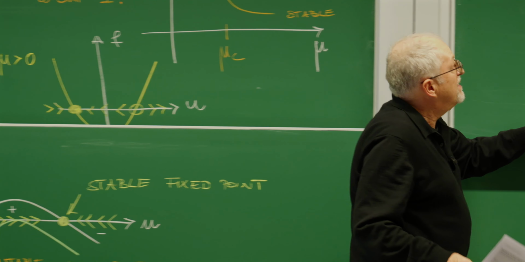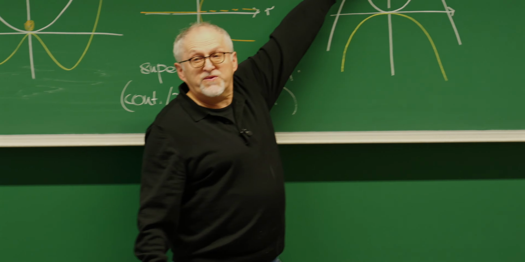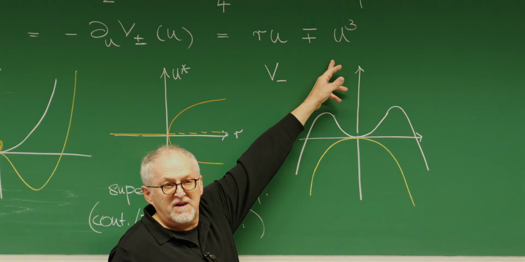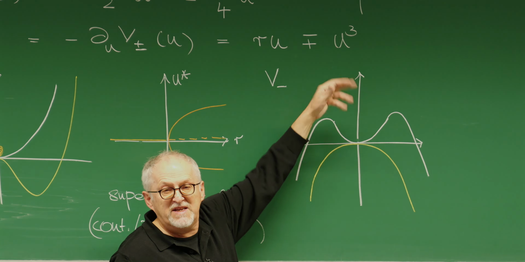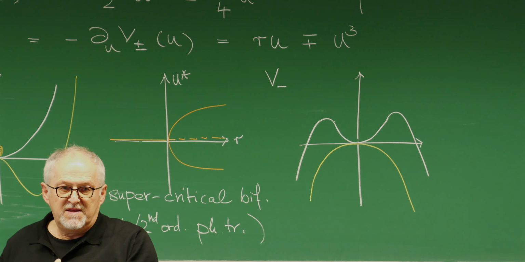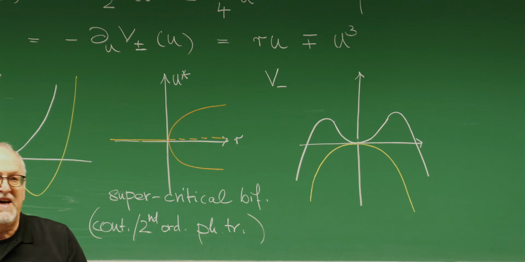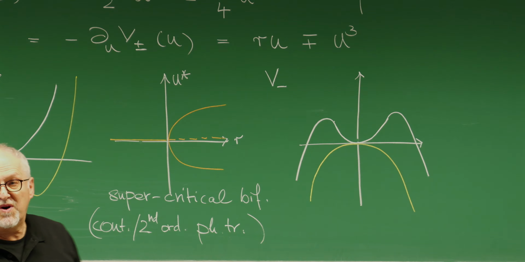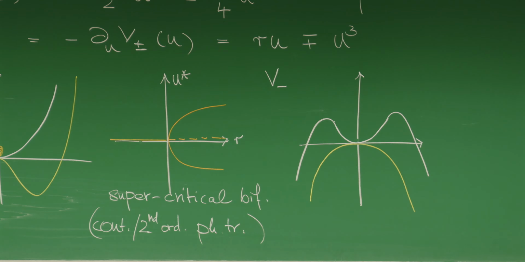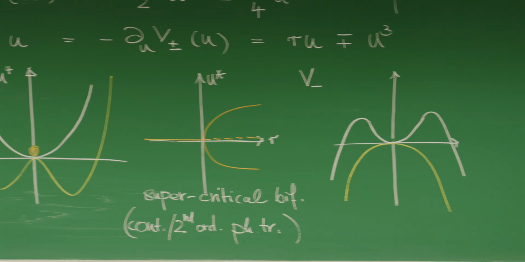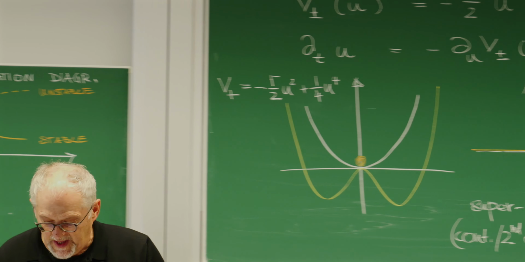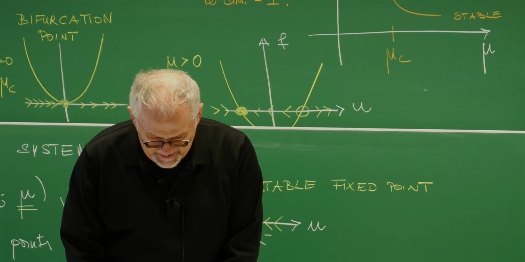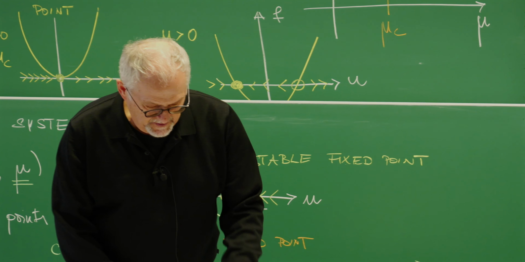If you have the phi to the 4th term being negative, I cannot have a stable thermodynamic equilibrium. I need to come up in the Ginzburg-Landau expansion with a higher order term, with a phi to the 6th term, and here a corresponding u to the 5th term, in order to find a finite stable fixed point there. All right, I don't write this down, but this is a subcritical bifurcation.